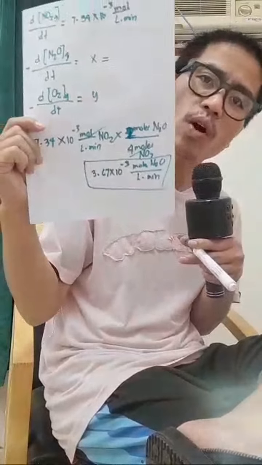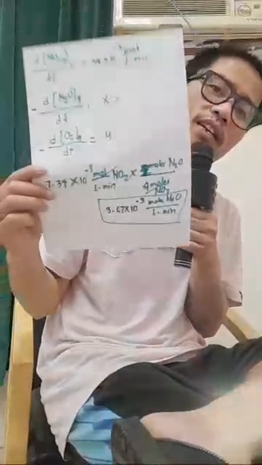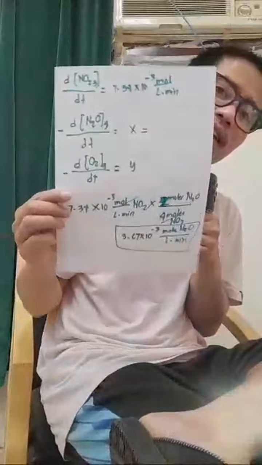3.67 times 10 to the negative 3 moles of N2O per liter per minute. So we have that now. Then we put it here because we treat that as an X. Guys, be careful. N2O in this problem is a reactant.